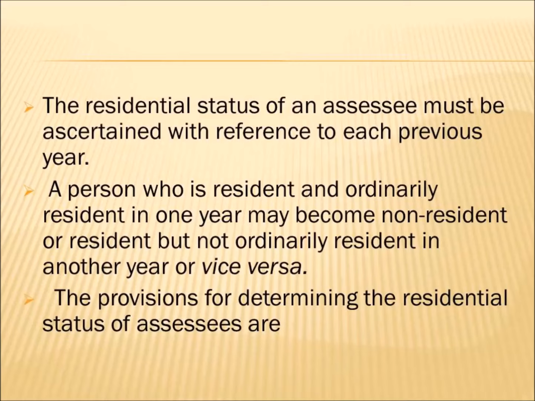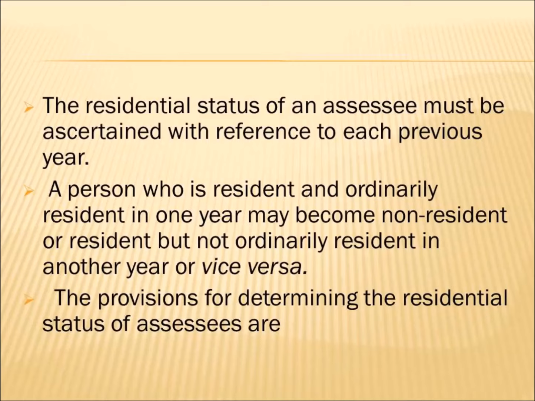What this means is that a person who is resident and ordinarily resident in one year may become non-resident or resident but not ordinarily resident in another year, or vice versa. So for this reason, we need to determine the residential status of the assessee for each previous year.